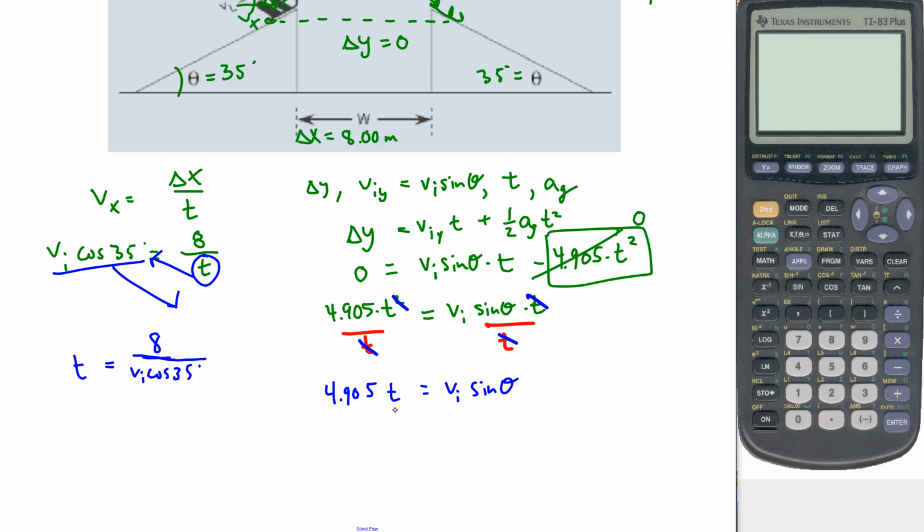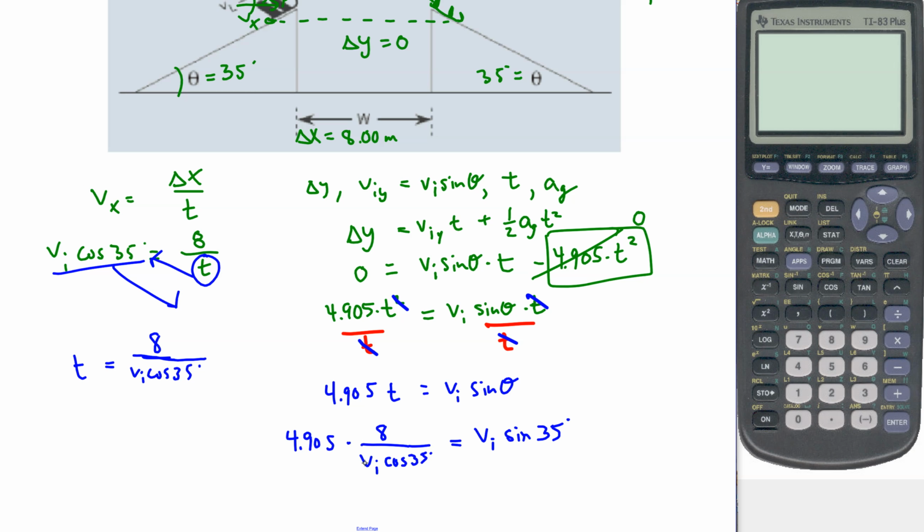And then if I plug in this expression for t, the time equal to what I just solved for, what happens? Well, 4.905 times 8 over VI cos 35. I guess it didn't actually matter how I did this. Equals VI sine 35. Theta is 35.